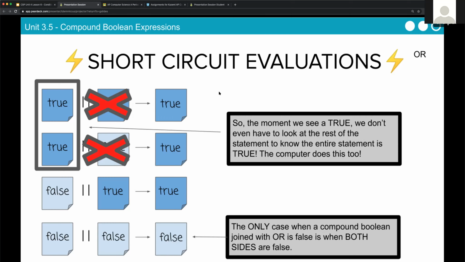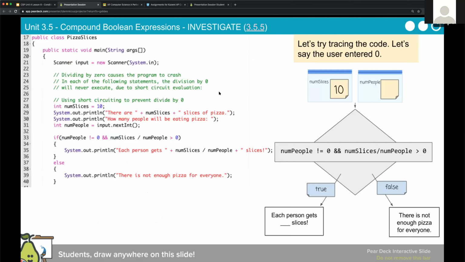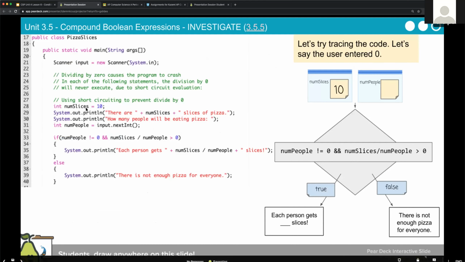So we're going to use that new knowledge to take a look at another example called pizza slices. Look at this program, take a moment and see what's going on. Notice that on line 28, we have num slices, the number of pizza slices, set to 10 for us.